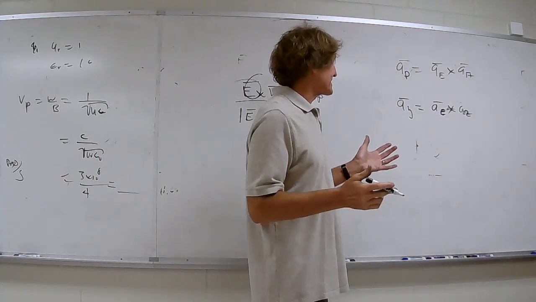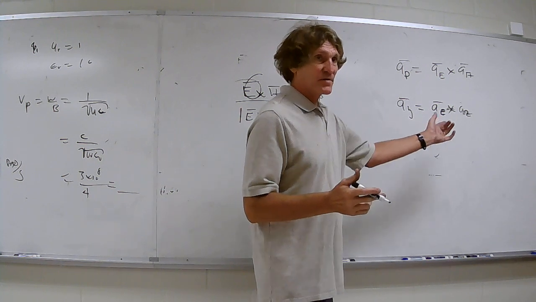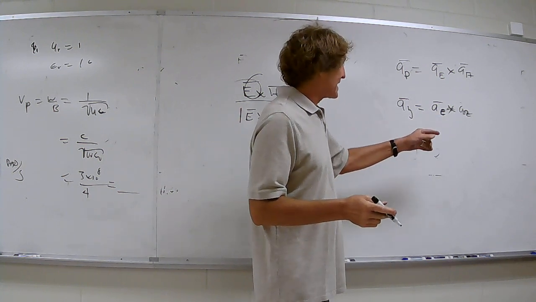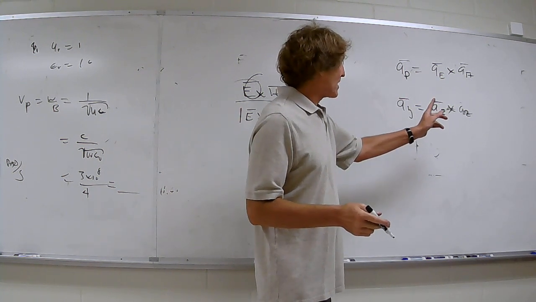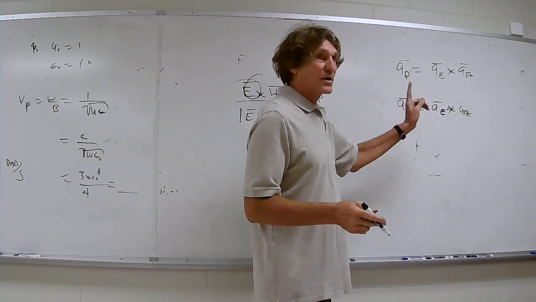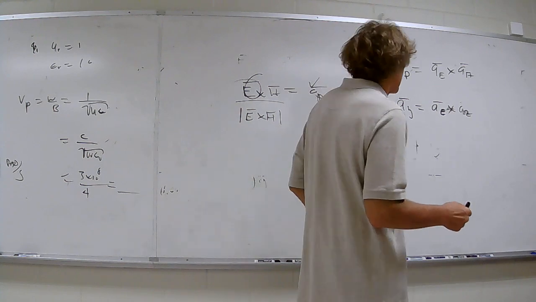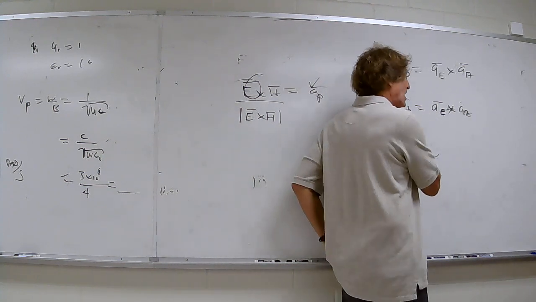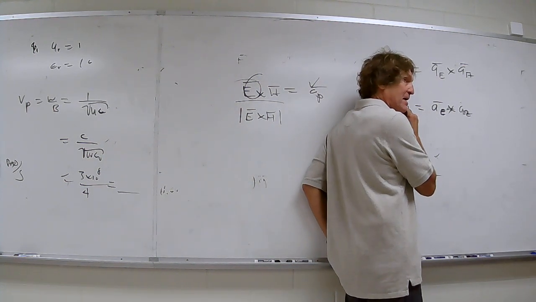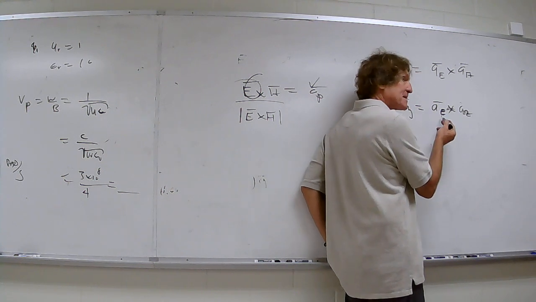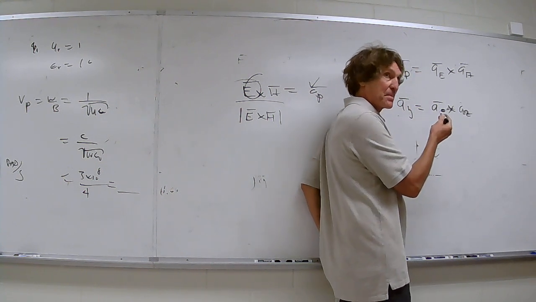We can rotate these. You can shift everything to the right. You can say AZ is equal to AY cross AE, or you can shift it again. You can get AE is what? Take a look at this. If this is Y, right? This has to be minus AX, doesn't it? Think about it.